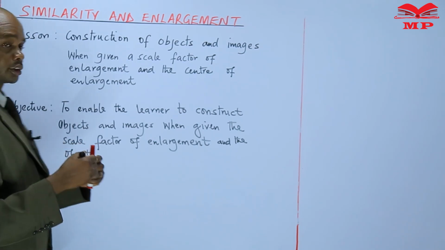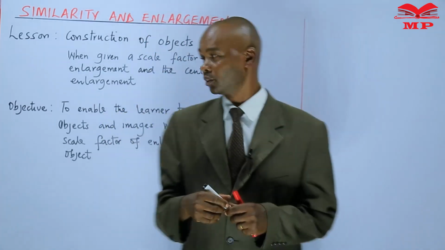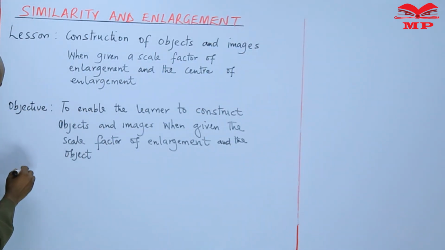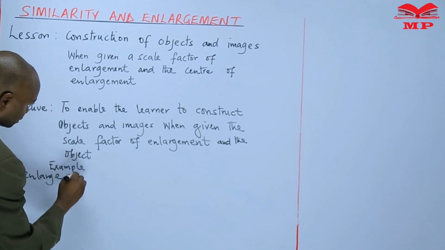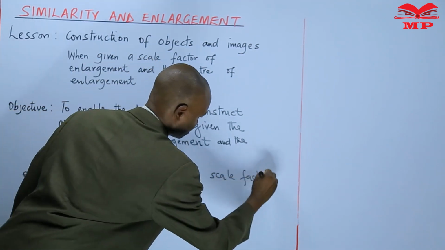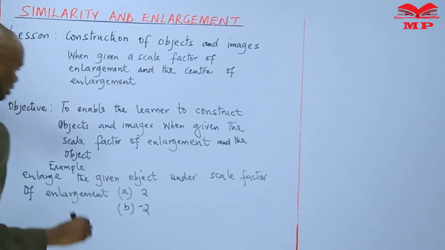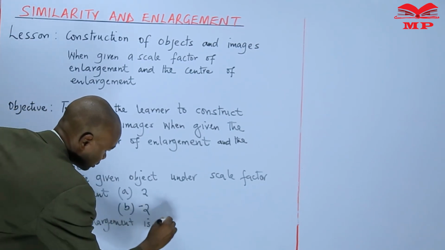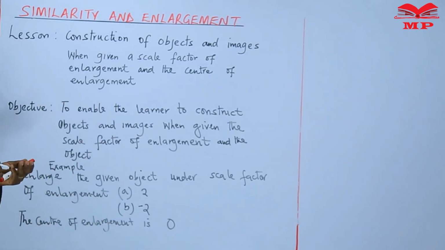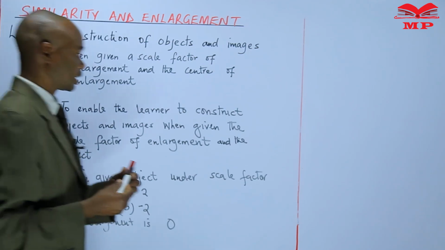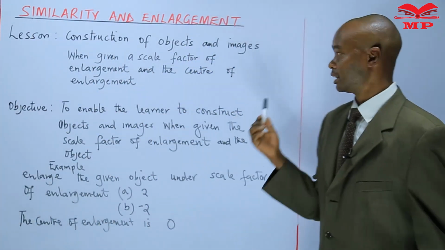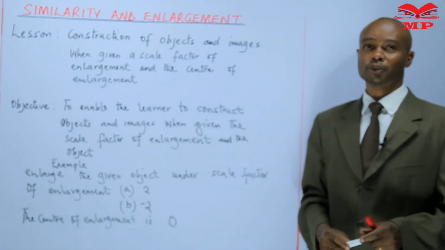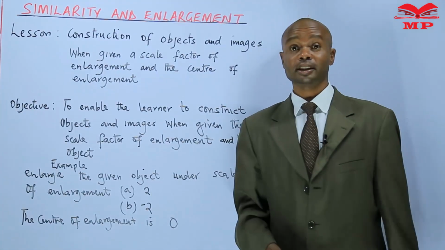So it's good to look at an example. The center of enlargement is O. We are going to look at how we can enlarge such an object when we are given a scale factor 2 and a scale factor -2.